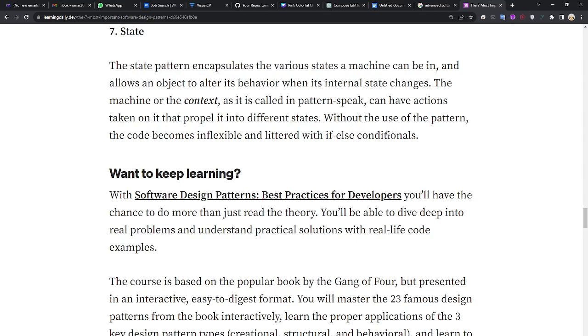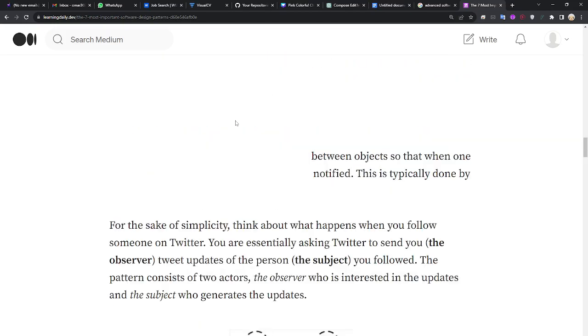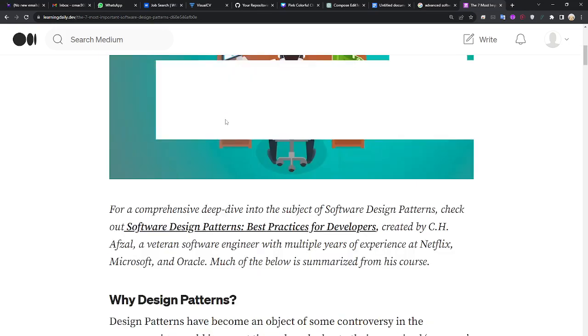Without the use of the pattern, the code becomes inflexible and littered with if-else conditionals. يبقى في if-elses كتير. ودول كانوا 7 باترن من اكتر الباترن المستخدمة او الكومن في لغة الجافا.